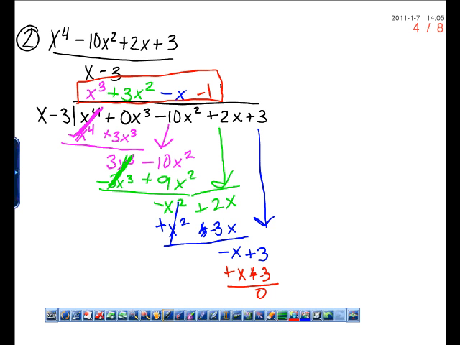What is my remainder? 0. What does that mean? What's a factor? Yeah, x minus 3 is a factor.